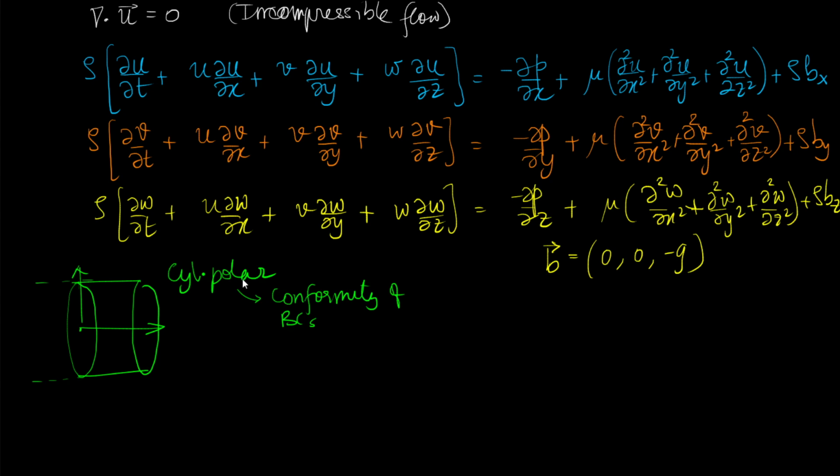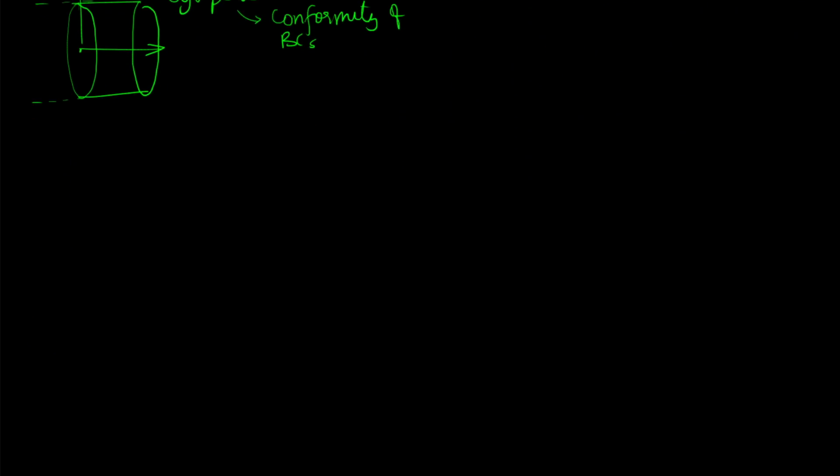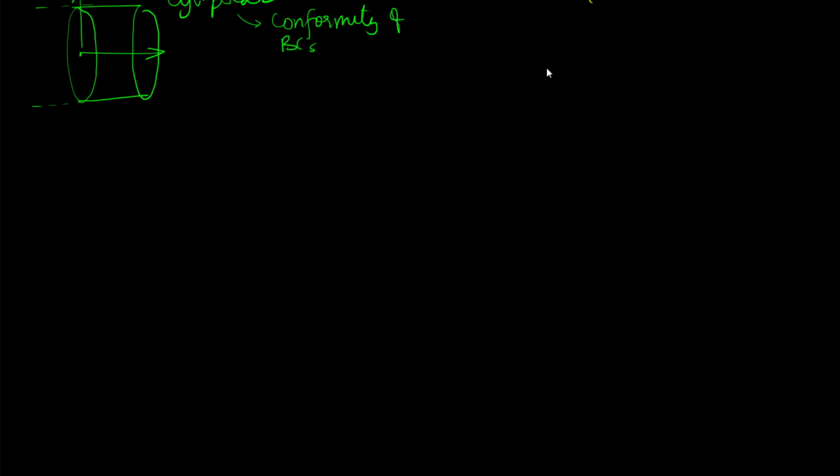If we were to write this in Cartesian form, we would have a very hard time writing down the exact parametric form of the boundary condition. Well, for a cylinder it's not so difficult to write it in Cartesian form, but still it is more convenient to write it in a cylindrical polar system. So let us look at how the governing equations look for a cylindrical polar coordinate system.